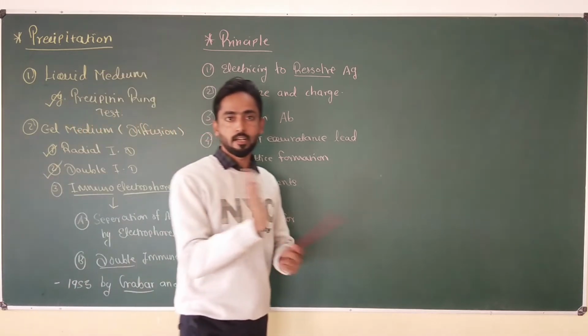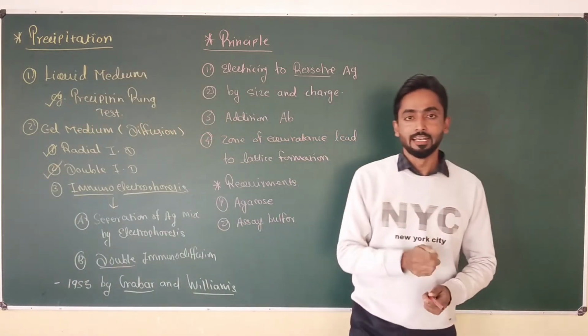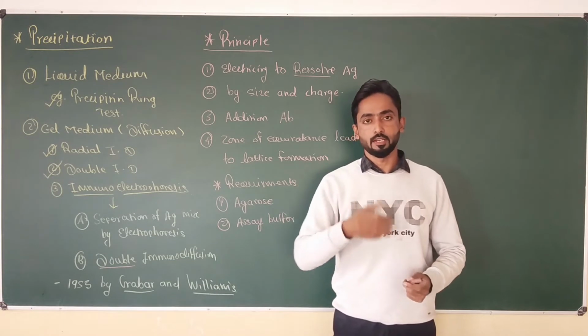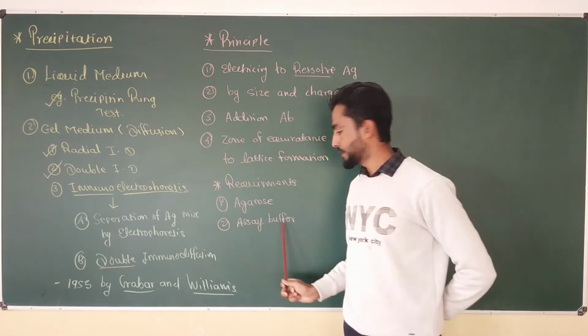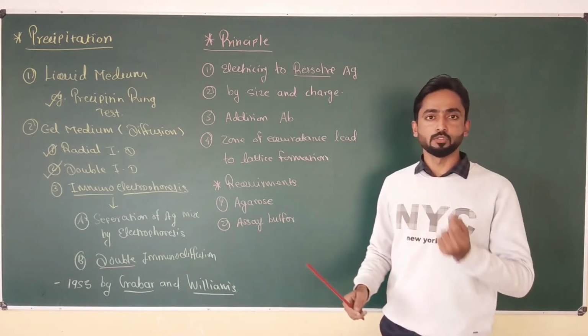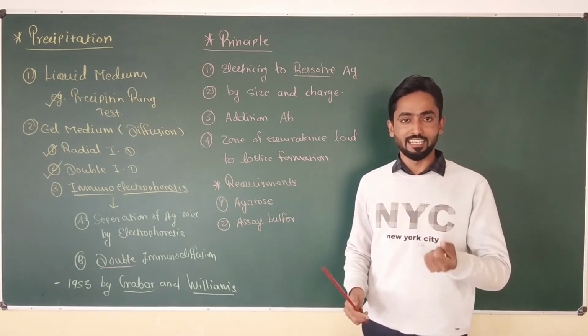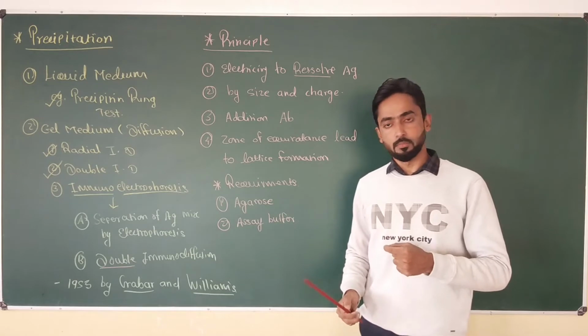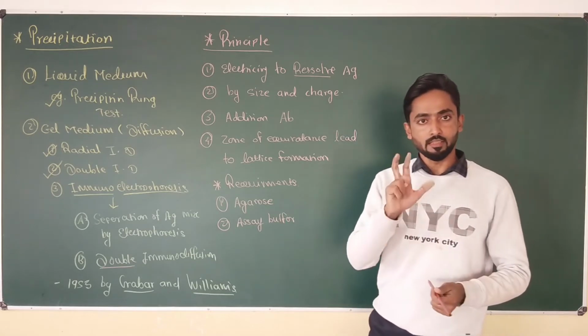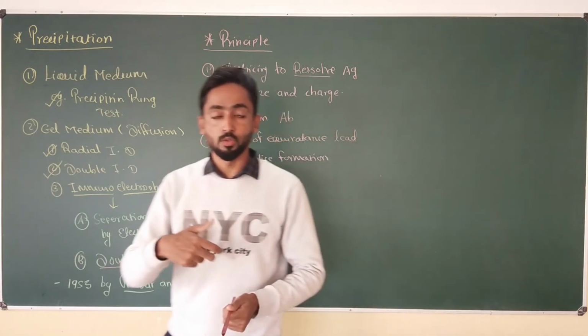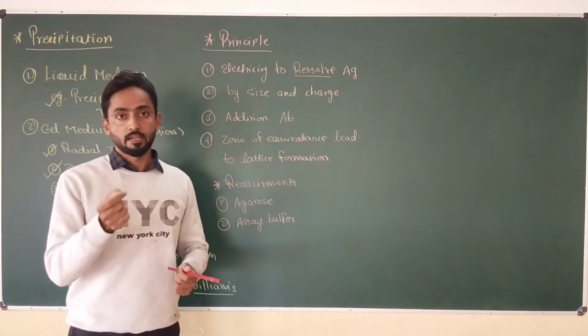It contains antigen and antibody, both of which are proteins. They require optimum pH for their activity, so we have to use assay buffer. We cannot use normal distilled water for preparation of the gel and antigen-antibody mixtures, because buffer maintains the pH constant, which keeps the antigen and antibody intact.